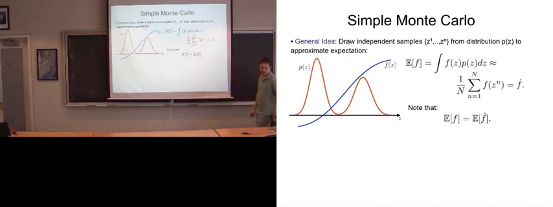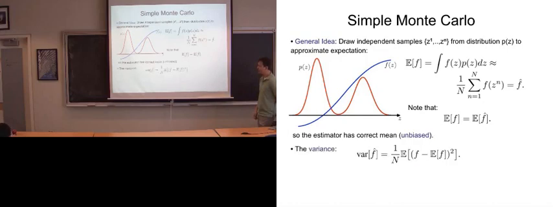The idea is extremely simple, and that's going to be your estimation of the expectation. It turns out, and it's very easy to prove, that the expected value of f is the same as the expected value of your estimator. So your estimate is unbiased, which is good. The estimator has the correct mean.